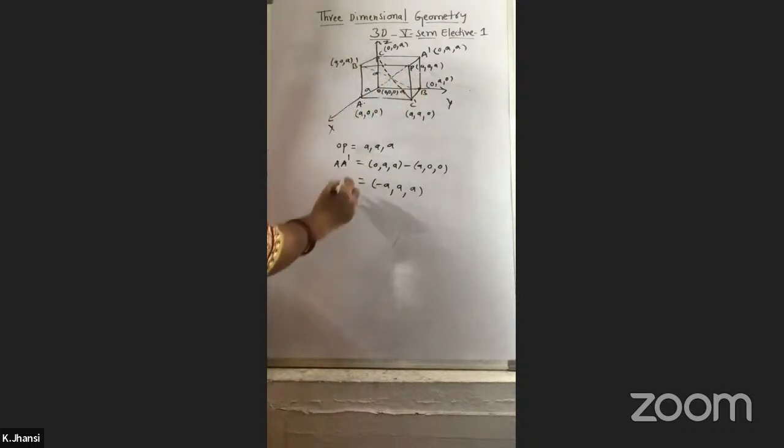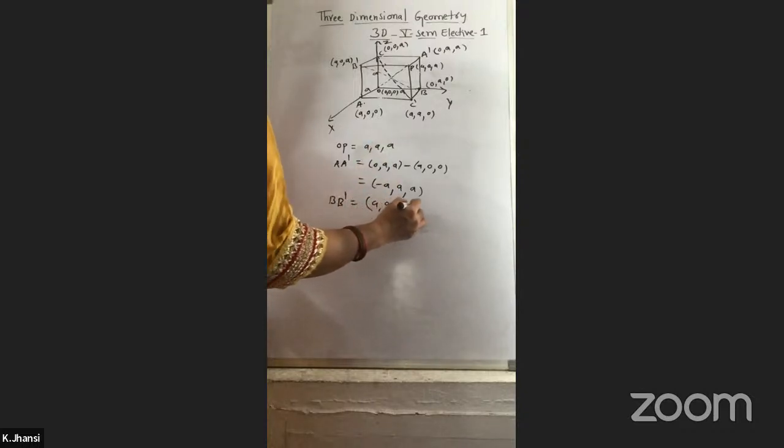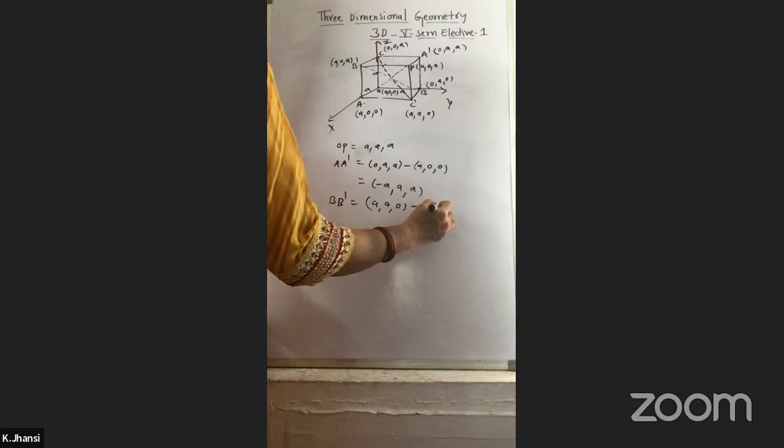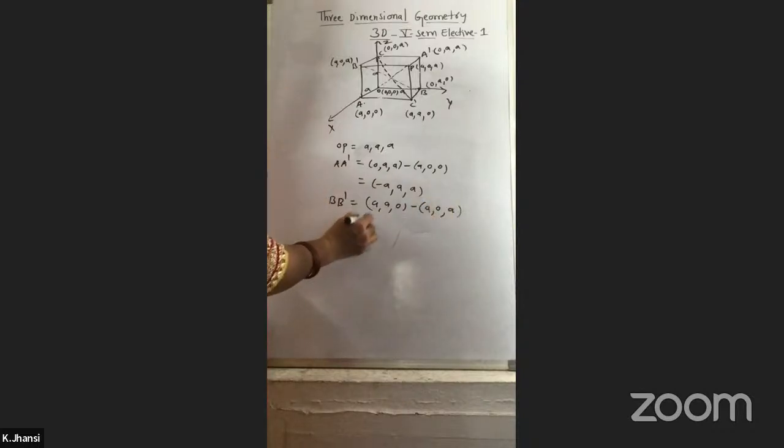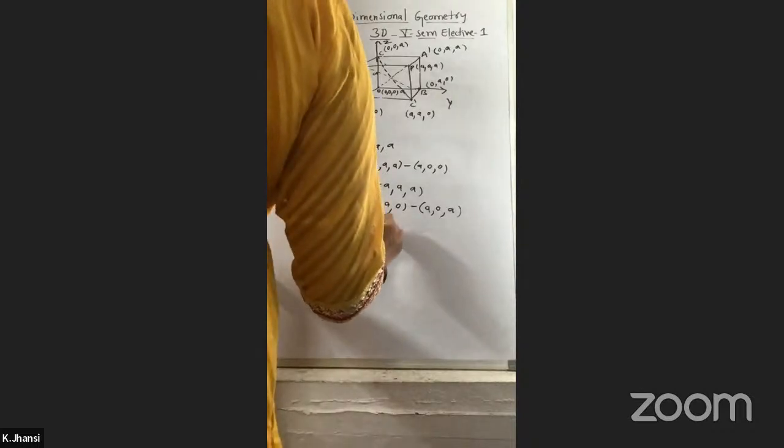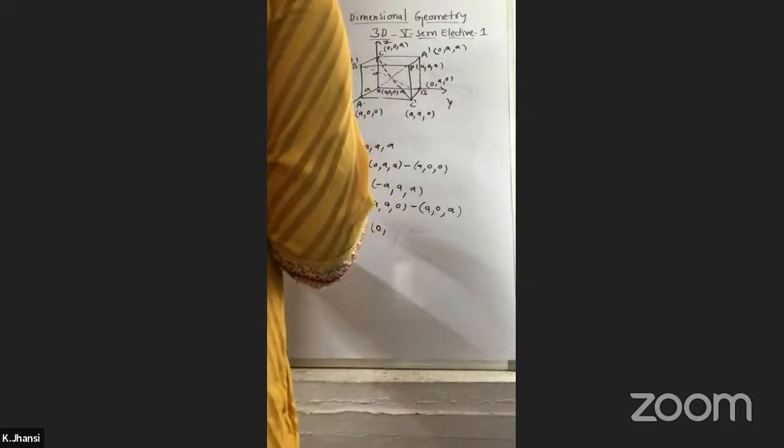Next B dash diagonal. B is 0, a, 0, and B dash is a, 0, a. So a minus a means you will get 0. No, ma'am, somewhere we went wrong.